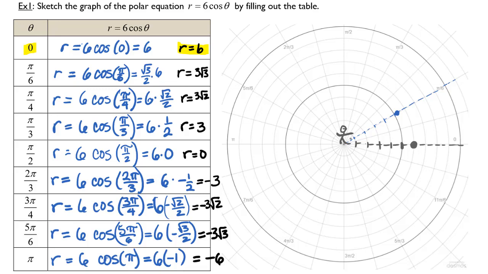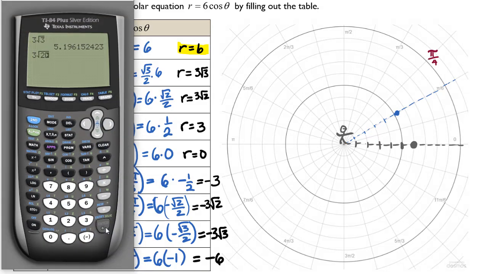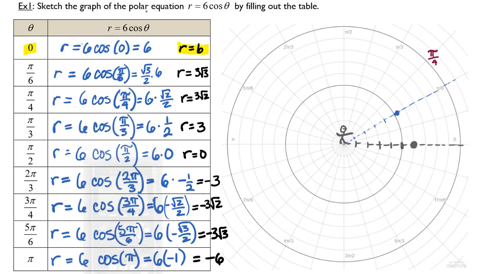I'm going to continue to do this. You have to think of this as being mapped out away from the center of this polar graph. The next coordinate point I need to find is pi over 4. So here's pi over 4. I need to walk out 3 times root 2, which is 4.2. 1, 2, 3, 4.2, right about there.